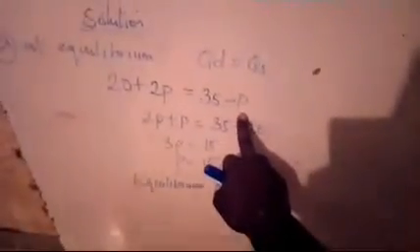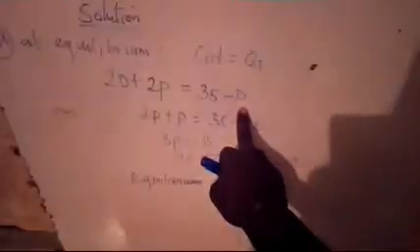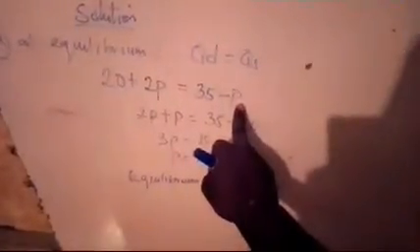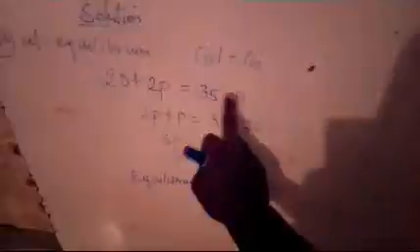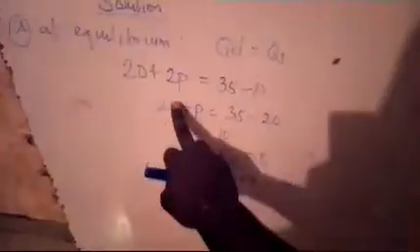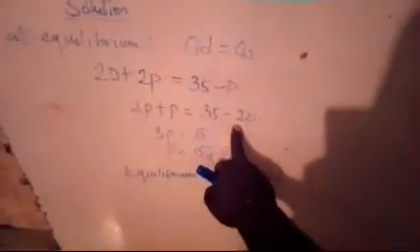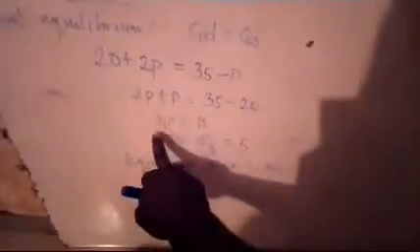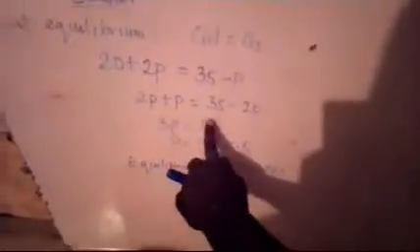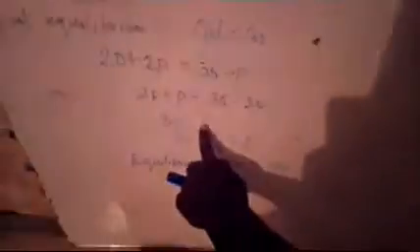Now, doing a little bit of algebra, if we collect like terms, if minus p comes to the left hand side, it becomes plus p. If plus 20 goes to the right hand side, it becomes minus 20. What we have is 2p plus p gives us 3p. 35 minus 20 gives us 15.